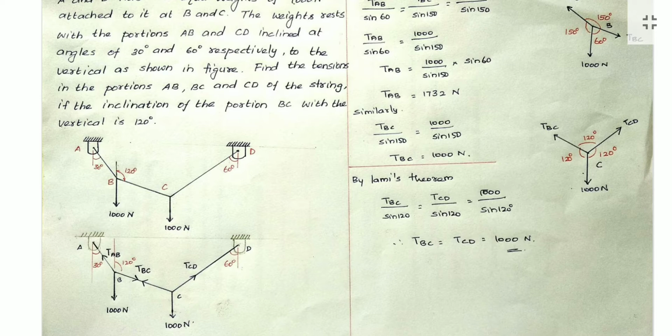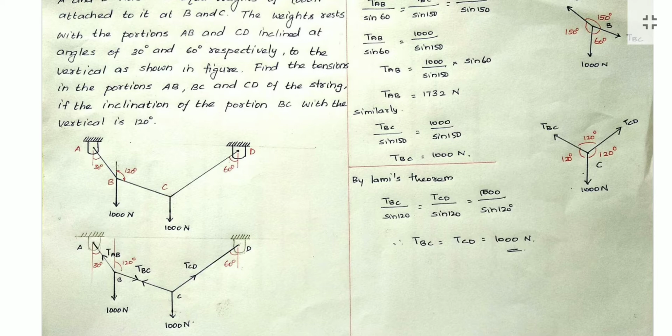In a cable only one tension is possible, which is equal. In a cable the tension will be equal. TBC and TCB are the same, but opposite in direction when we are considering the points B and C.